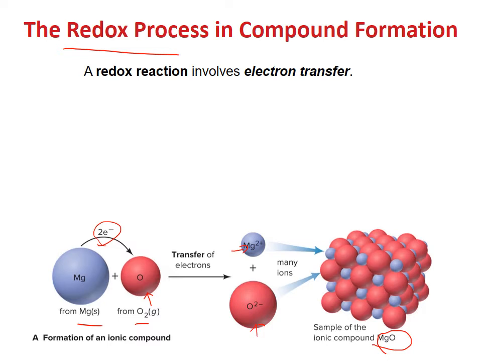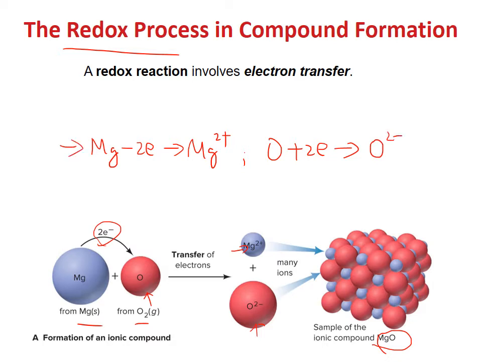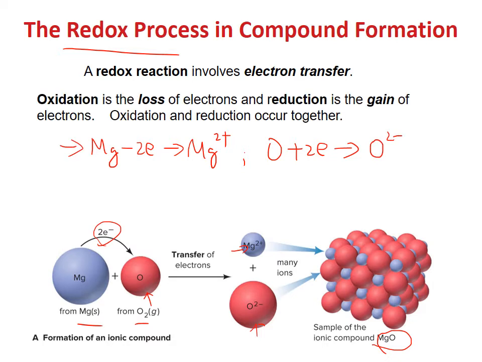So we have 2 half reactions we can draw here. Magnesium atom loses 2 electrons to form magnesium 2+. At the same time, oxygen gains 2 electrons to form oxide, 2-. Now this first half reaction is called oxidation reaction.